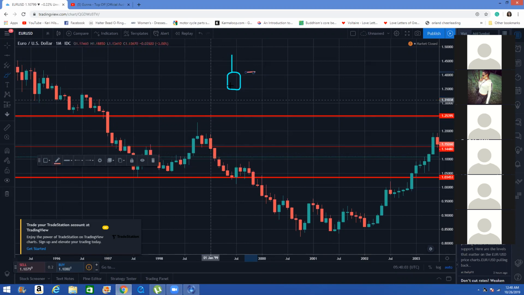It has to be in order for it to be engulfing. That means that in order for the next one to be engulfing, it has to be way longer than the previous one.